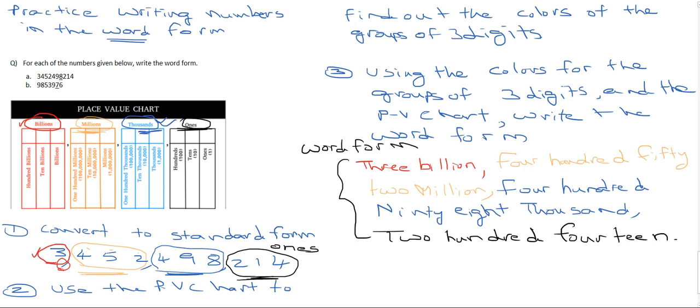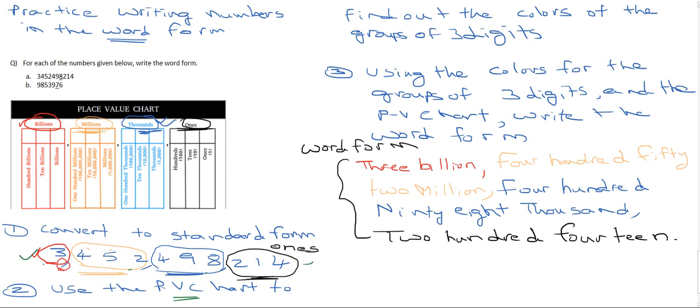So in summary, we converted the given number into the standard form and wrote down the commas at the right place. And then we looked at the place value chart to find out the colors for each group of 3. We found them to be black, blue, orange, red.